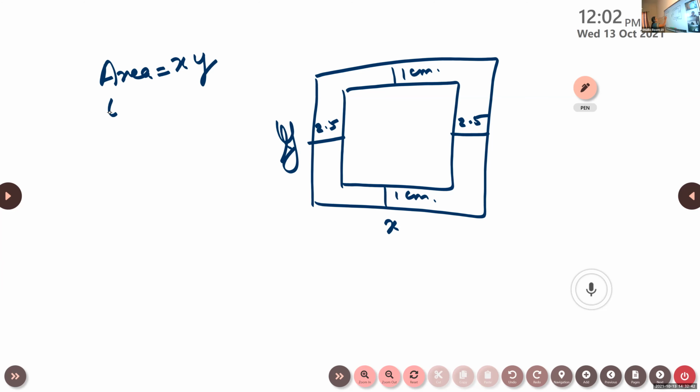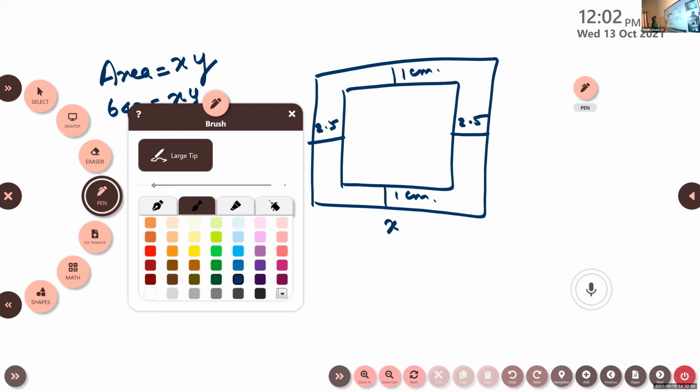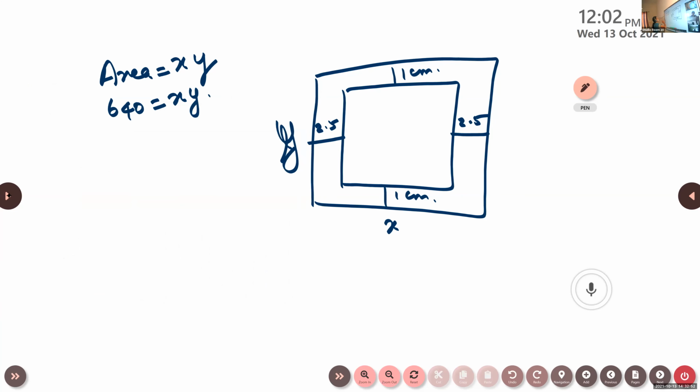So it is given as 640 is equal to XY. Is it correct? 640 is equal to X into Y. Is it correct, children? Aishwarya, Karthik, yes, Anila?